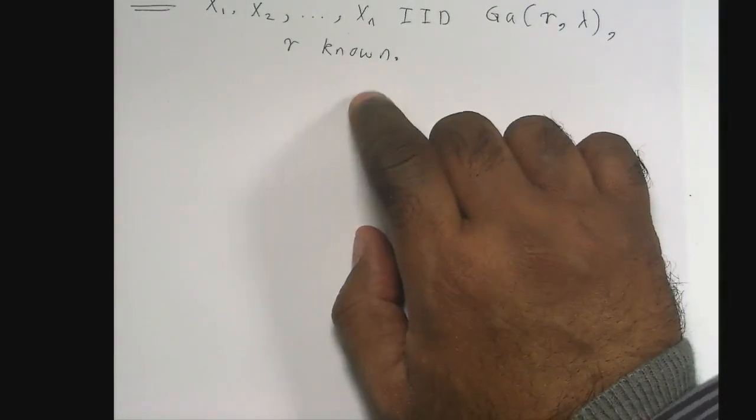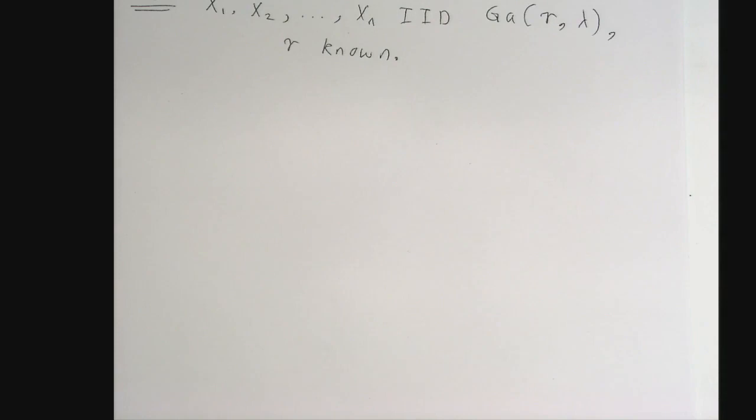So the only parameter that is not known is the parameter lambda. So basically you have only a one parameter problem.